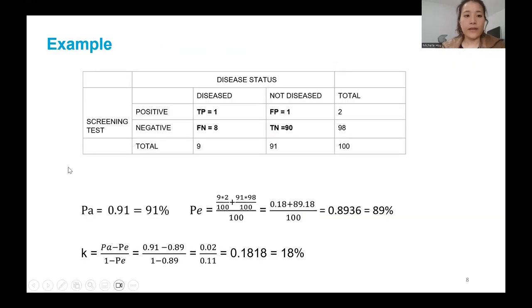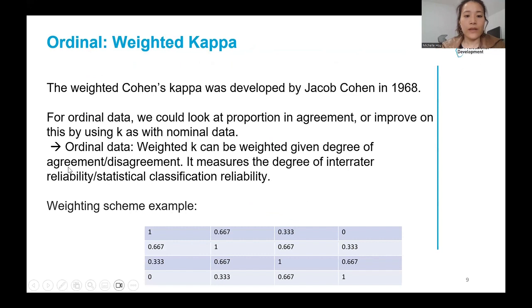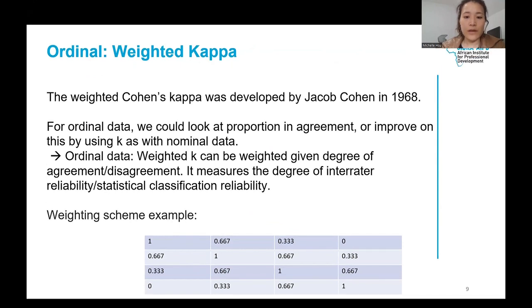Now, next slide. When the order does matter in the data, we have another method to use, which is called weighted kappa. Weighted kappa is a version of kappa used for measuring agreement on ordinal variables, where certain disagreements, for example, lowest versus highest, can be weighted as more or less important.